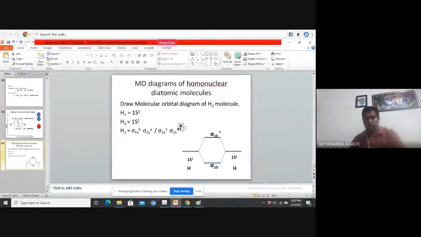One electron here of 1s1, another electron of another 1s1. Now we will be filling up. We have two electrons in total. We'll fill them up now. Both will be in sigma 1s, two electrons will be there. The Aufbau principle is followed while filling this orbital.